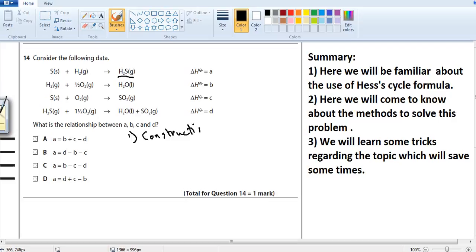The first is by constructing a Hess cycle. I know that you all will choose this method, since you are not able to find the other way around. The second option is the easiest one: just use the formula of the Hess cycle.